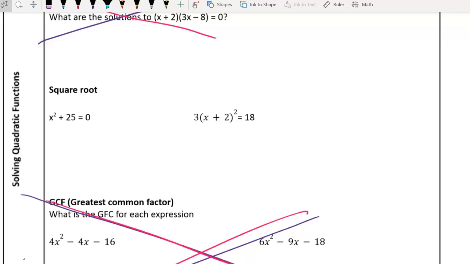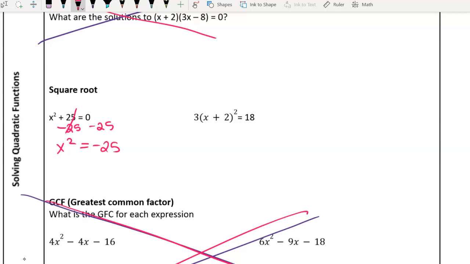So the first one, we're solving quadratic functions with the square root method. So we start with x squared plus 25 equals 0. In order to solve for x, or our zeros, we're looking for the solutions or the zeros of this graph. We would subtract 25 over and be left with x squared equals negative 25.